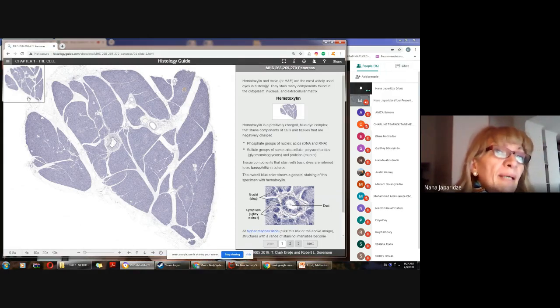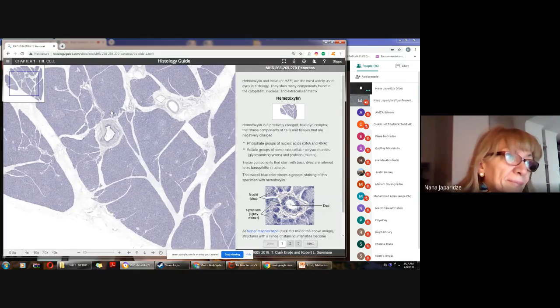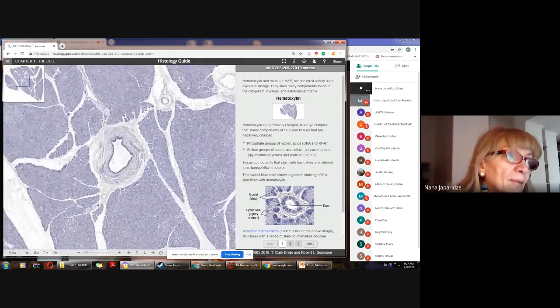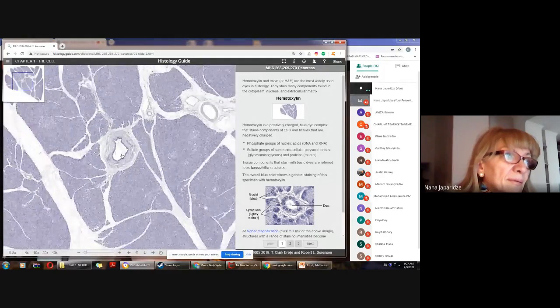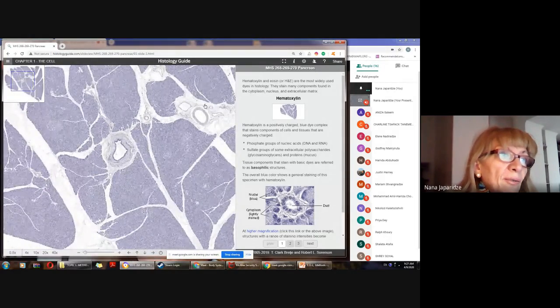So if we magnify this image, step by step we can magnify it. Look, so this is stromal part. This is blood vessel, arteriole, for example, venule also.